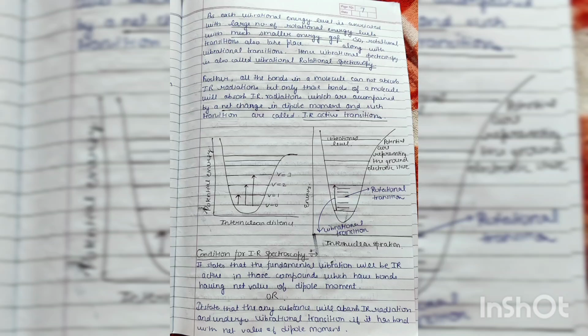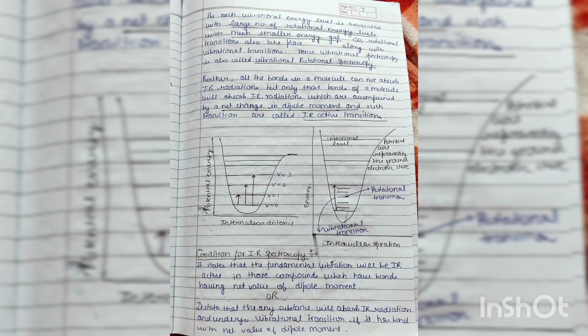Further, all the bonds in a molecule cannot absorb IR radiations, but only those bonds of the molecule will absorb IR radiations which are accompanied by a net change in dipole moment, and such transitions are called IR active transitions. So, what is the condition for IR spectroscopy?